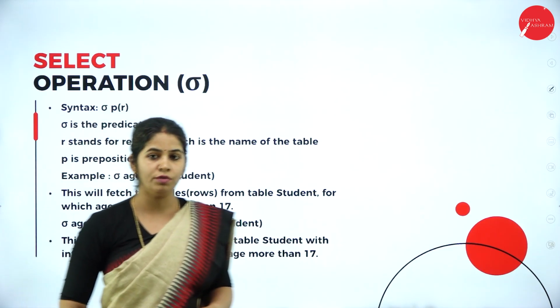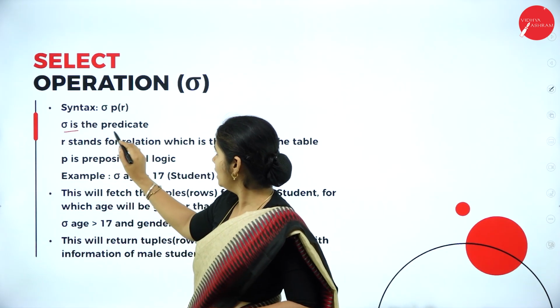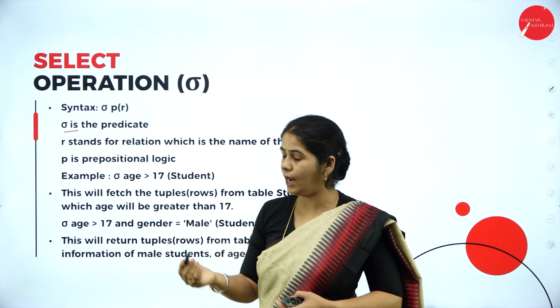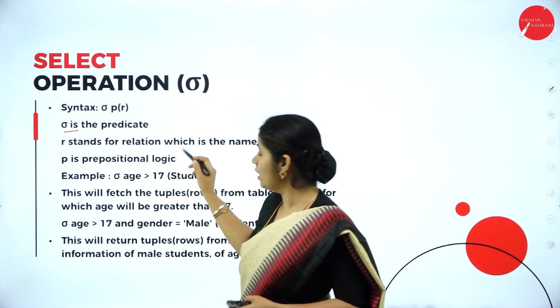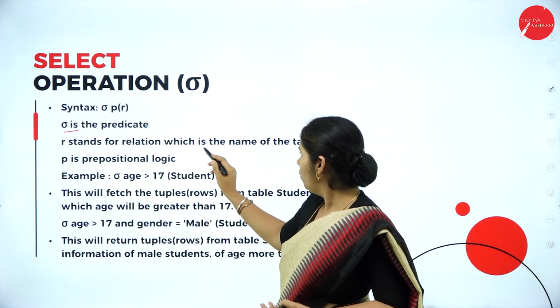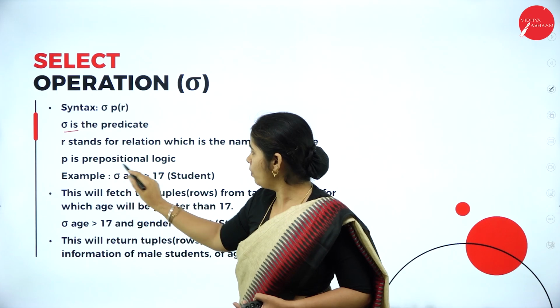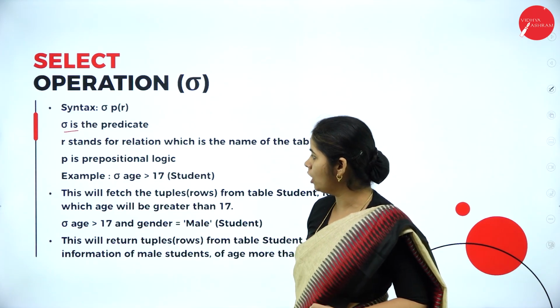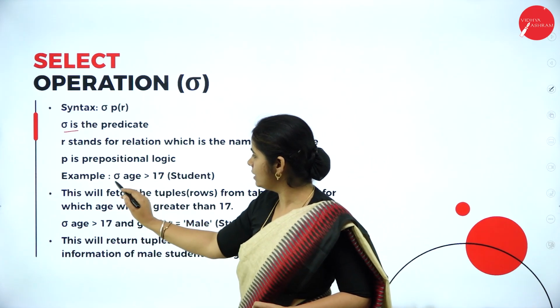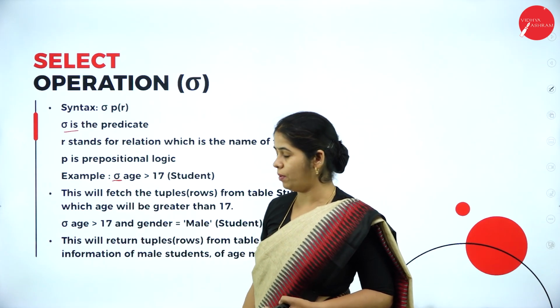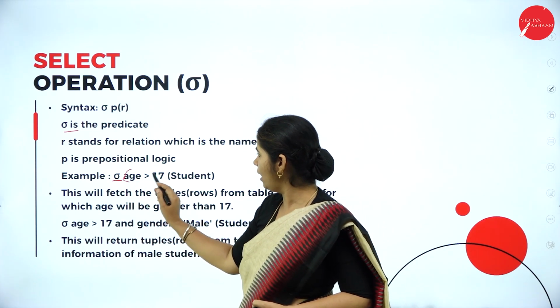Okay, next in the select, sigma is the predicate for the select operation. R stands for relation, that is a table, which is the name of the table, and P is the propositional logic we are using. Here, see, this is a selection operation. What is the condition they have given?